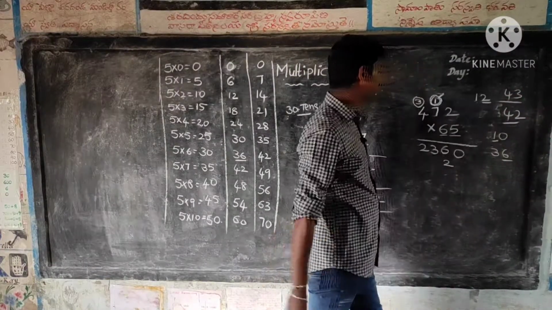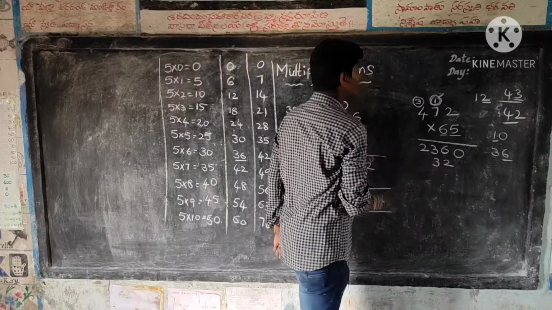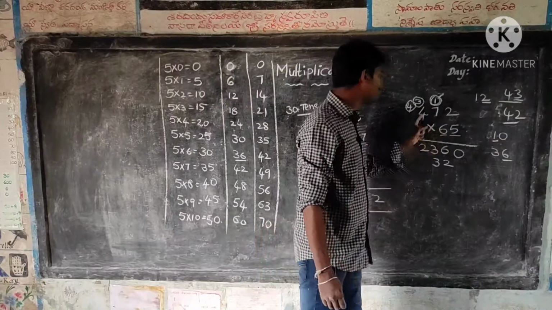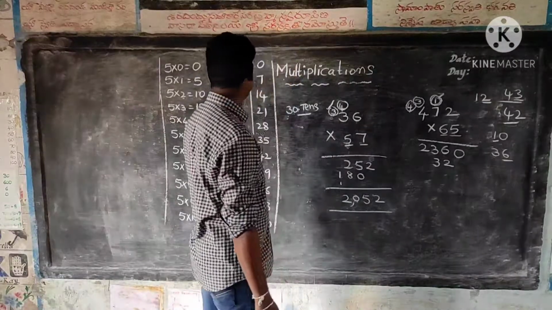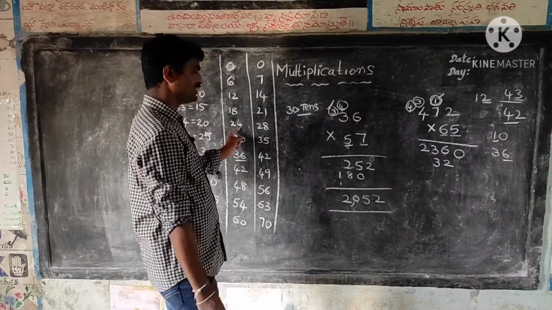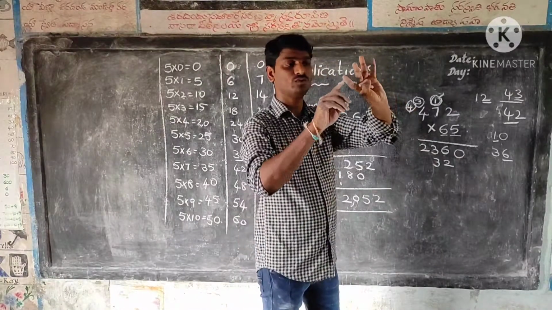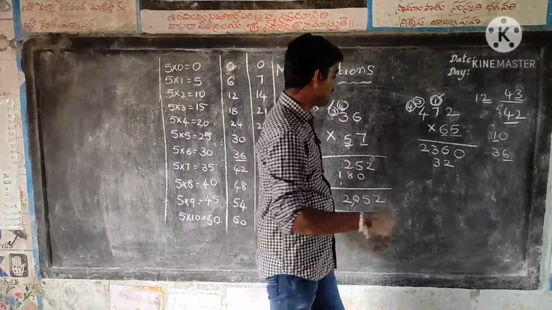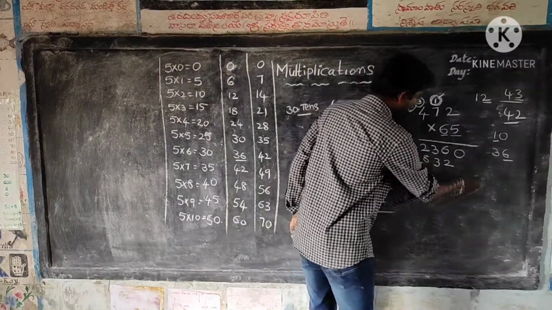We got 43 and you write the 3 here and 4 is carry. 6 4s are 24. 24 plus 4, 25, 26, 27, 28. You write 28 like this.